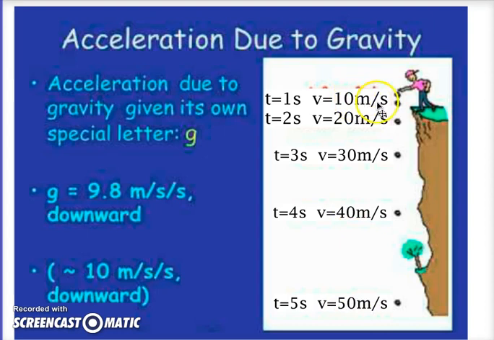It is increasing its speed for every second it falls. Now, this is important to understand because the unit for acceleration is meters per second, or some people would say meters per second squared. What this is describing is the change of the speed of the object, per every second that it is actually moving.